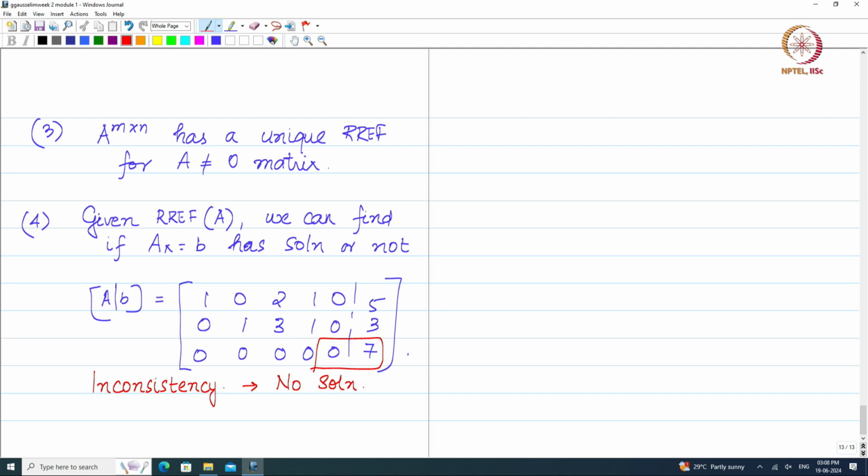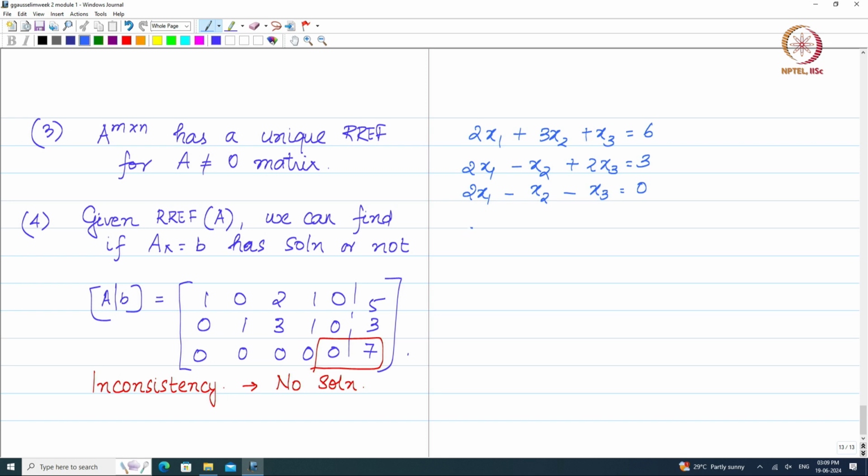For example, let us revisit our example: 2x1 plus 3x2 plus x3 is equal to 6, 2x1 minus x2 plus 2x3 is equal to 3, 2x1 minus x2 minus x3 is equal to 0.